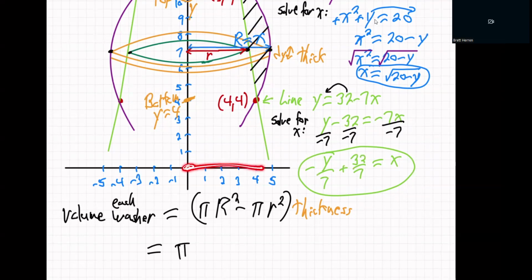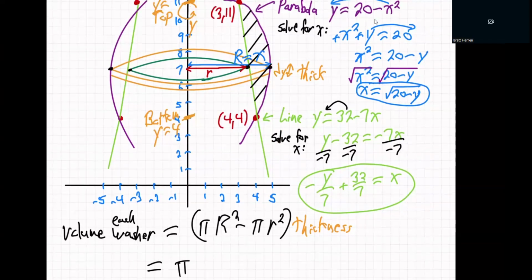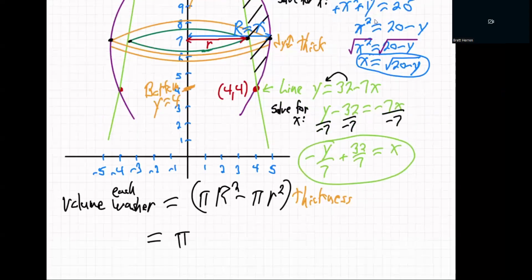Think about going over x, up y to get to that point. So this is the x value to this. Well, I already found that. Here's the x value to that. For that parabola, I solved for x: square root of 20 minus y. So this is square root of 20 minus y, squared.